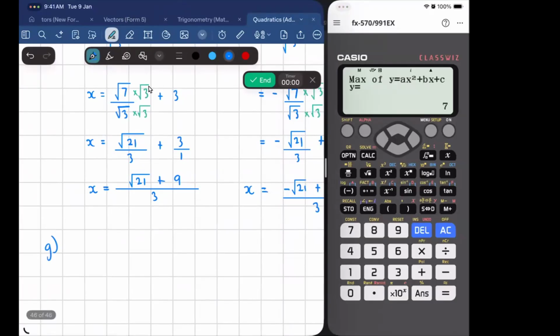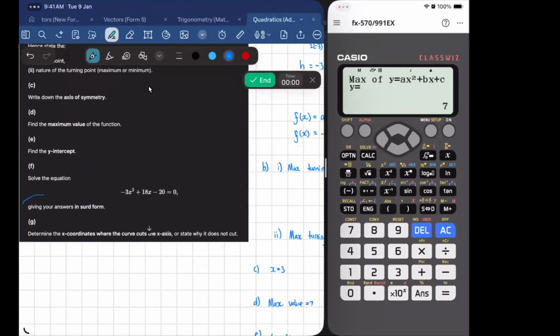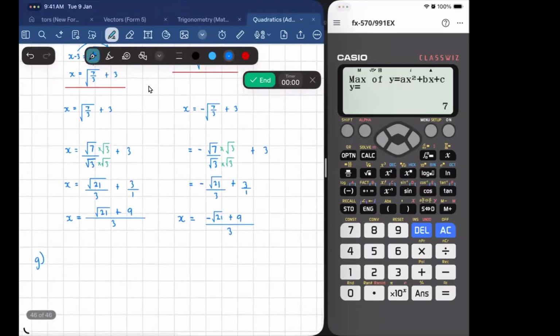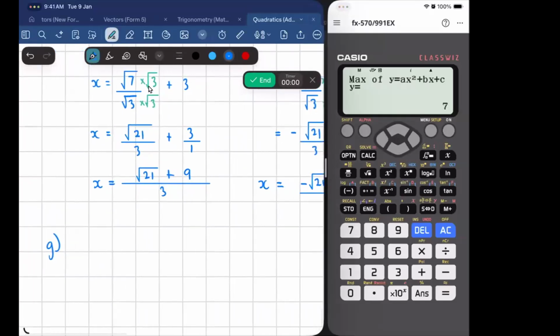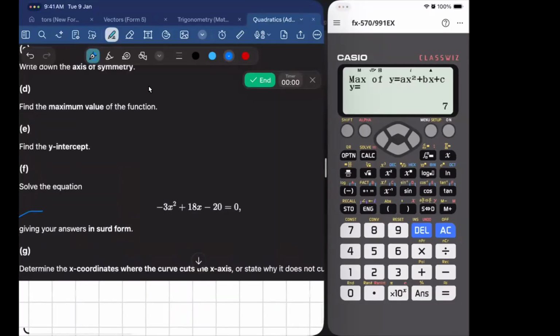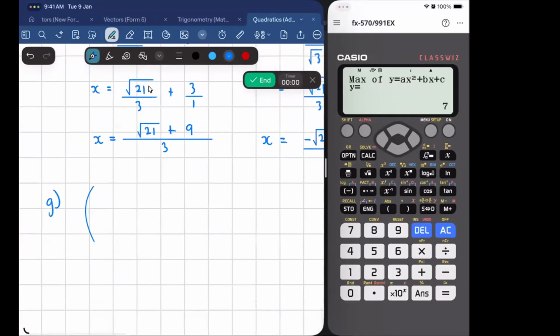Serena, we want to figure out the X coordinates. Would that be difficult or easy since we already had the roots? Easy. So what would the X coordinates be? They want us to figure out the X coordinates where the curve cuts the X axis, so they're just asking us for the roots, right?